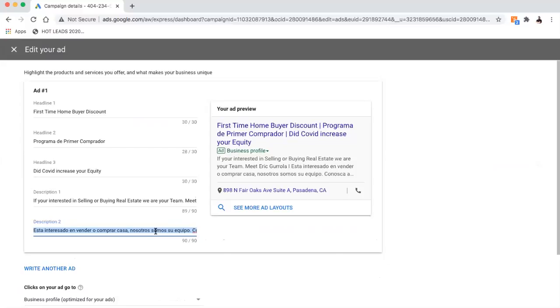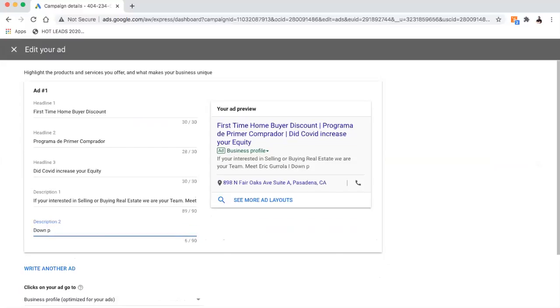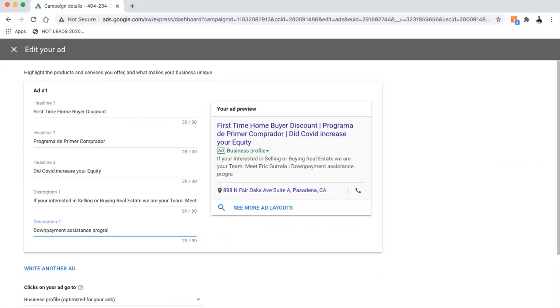Down payment assistance programs and local city grants available. Call to see if you qualify. That's better. Or you could just say, do you qualify? Yeah, I'm going to put that.